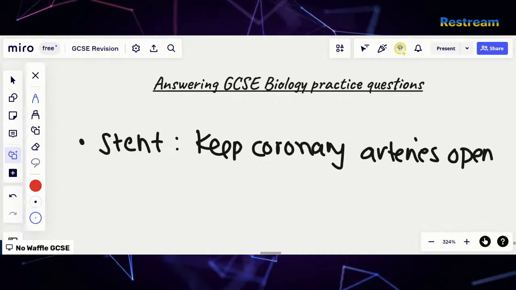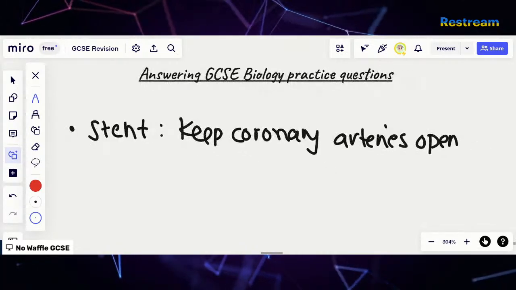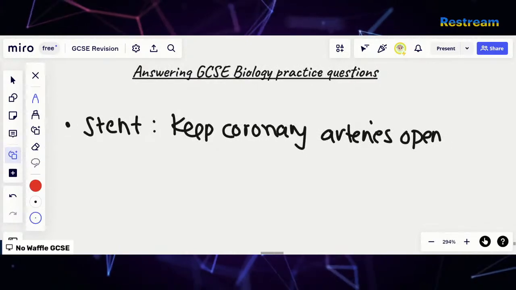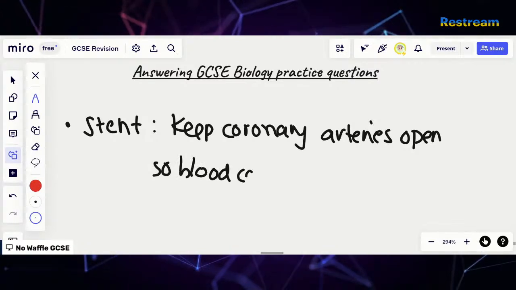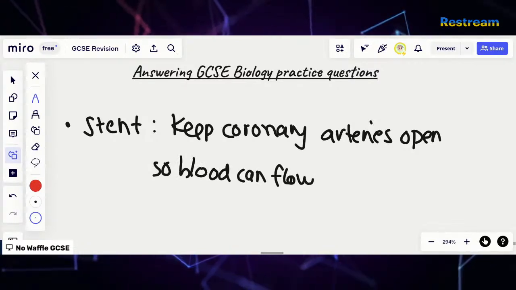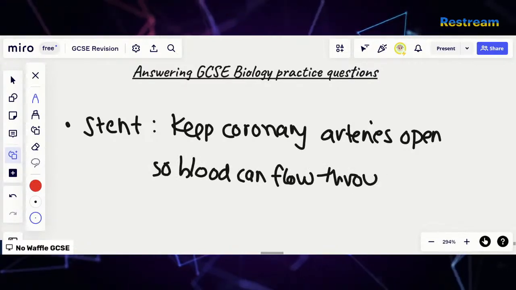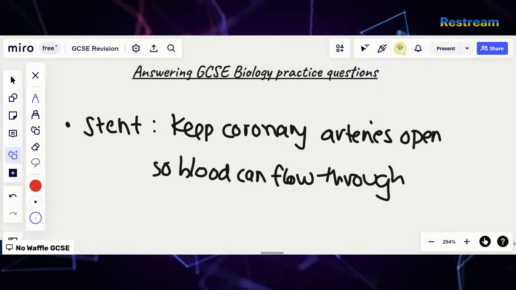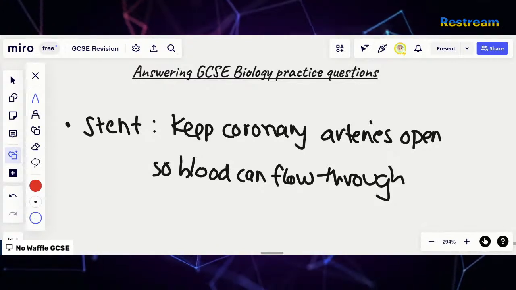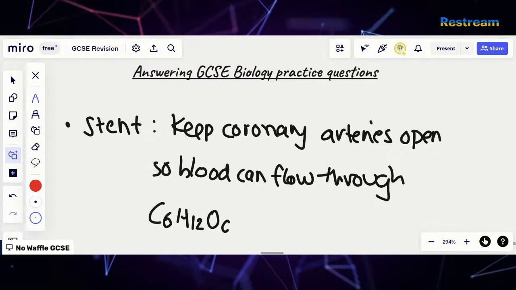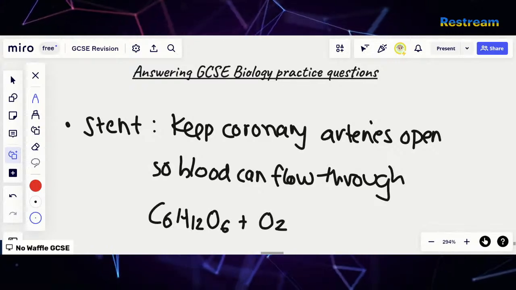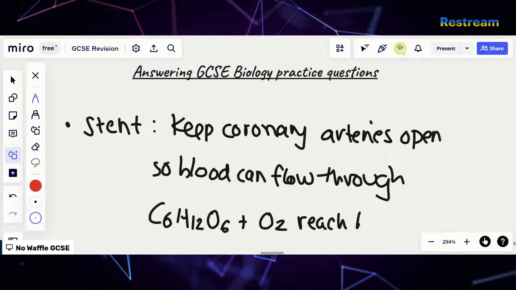By keeping them open, this allows blood to flow through. And as blood can flow through, this means that glucose as well as oxygen can reach the heart.